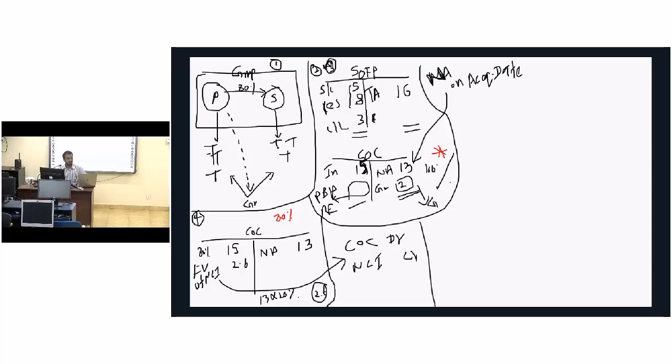Understood? Then what is my goodwill in this case? Goodwill will be 4.6. Understood? It is about the fourth concept.